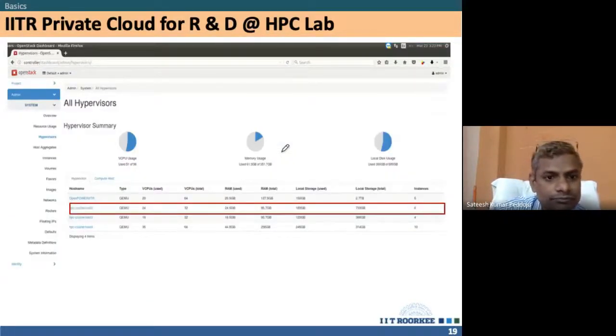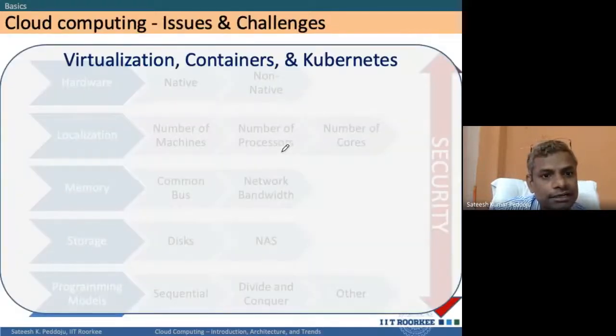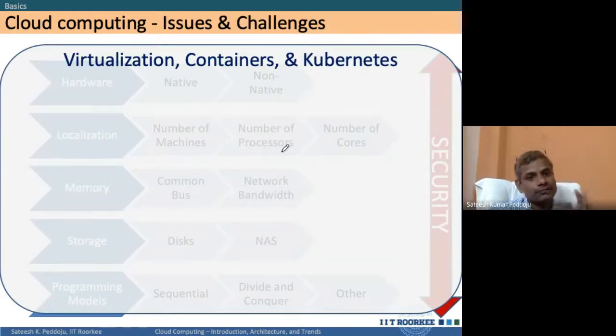Okay. So that's a basic idea of what cloud is, and there are a lot of research challenges and issues in the cloud. One really has to learn all of them if you want to become a master in this.